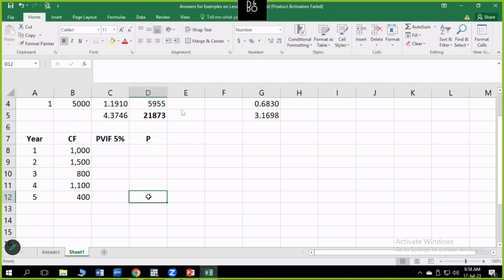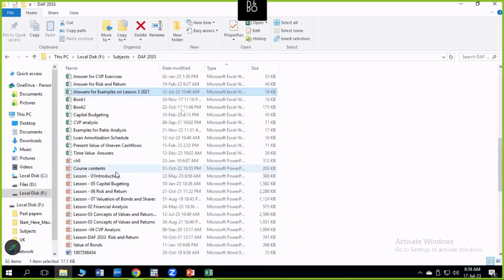Now, in the next column, the third column, you can put the present value interest factor. In this case, you want to find it at 8%. For this, you can use the present value tables that you have downloaded from the website.